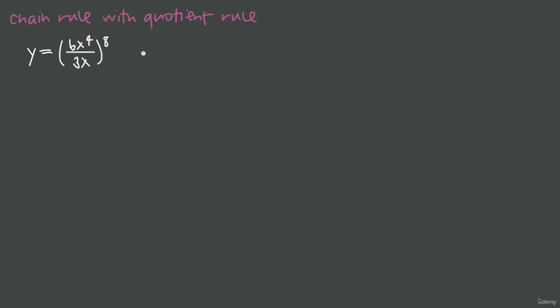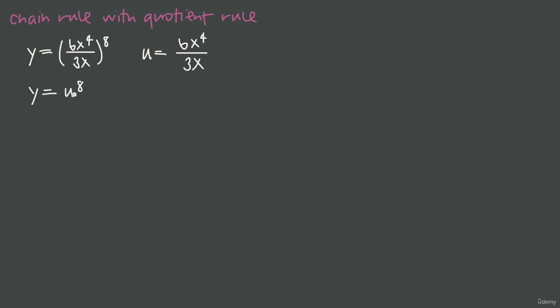If we say that we take the substitution u equal to the quotient, everything inside the parentheses, we say 6x to the 4 divided by 3x, then we can rewrite our function as y is equal to u to the 8, because we set everything inside the parentheses equal to u.